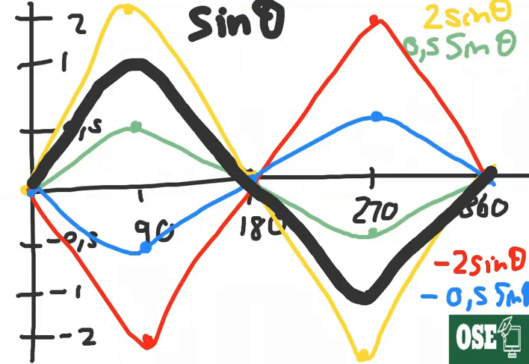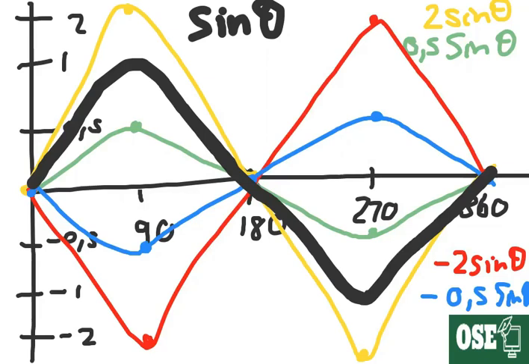It's 2. What is your amplitude? 2. Correct. So whenever they ask you for the amplitude with the sine graph, just look at the A value and your A value will be your amplitude. One way you can also remember it is amplitude starts with an A. So A value, amplitude. I hope that makes sense.